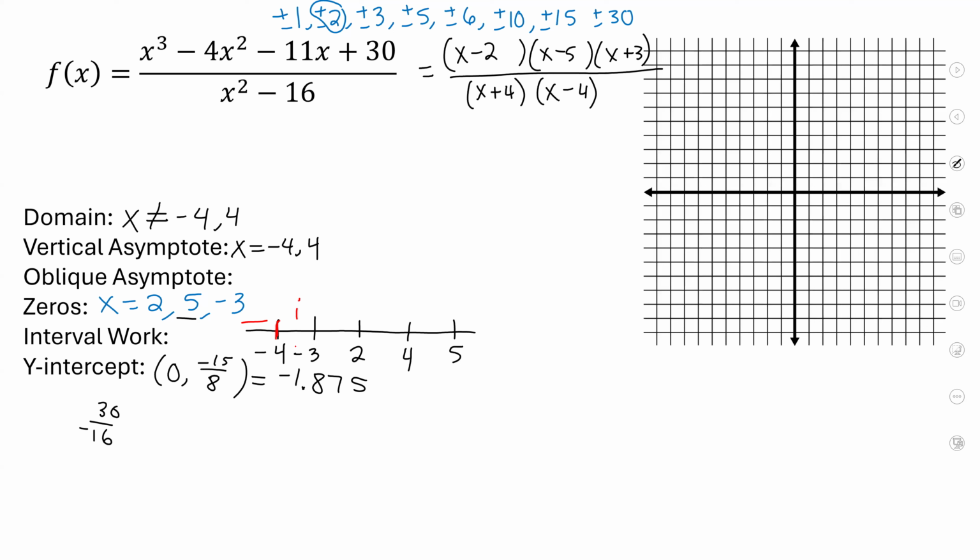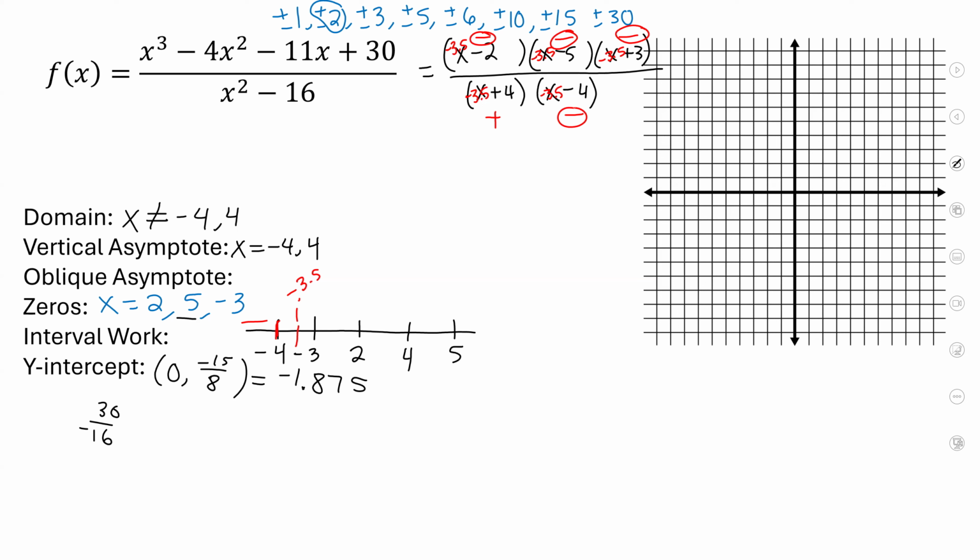test a number such as like -3.5. Okay. So if you put in a negative 3.5 for all of these x values, let's see what you're going to get. This will be negative. This will be negative, negative, negative. This one's positive. How many negatives do I have? 4.